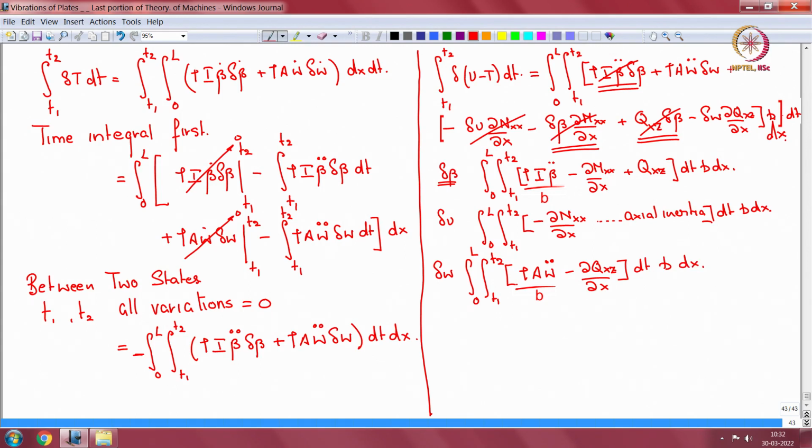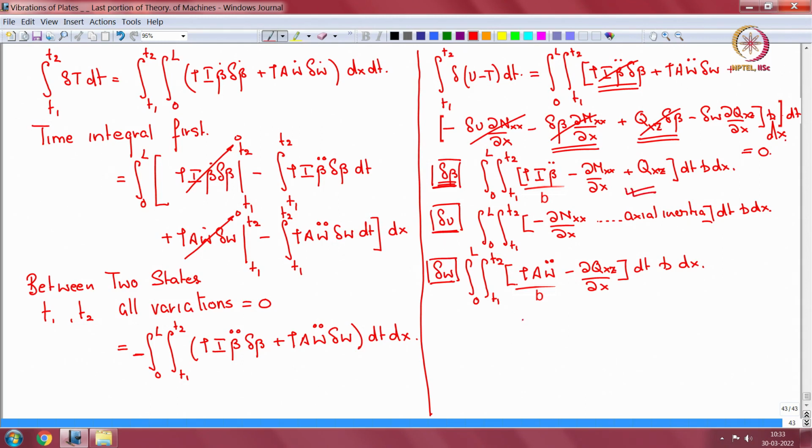So this entire thing must be 0, for any form of these variations, and therefore the coefficient of each of these must be 0.